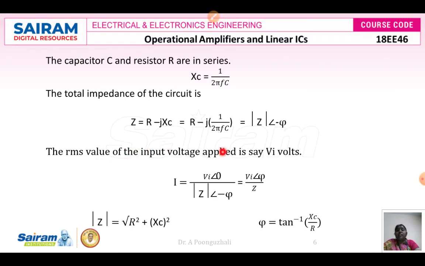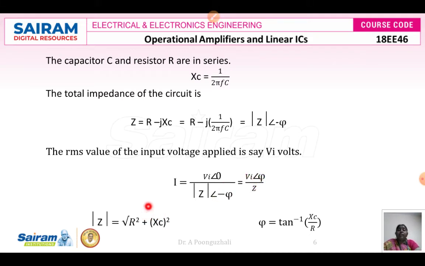Here the RMS value is going to be I. How do we find I? It is Vi at phase angle 0 divided by Z. Vi is the input voltage which I give, with phase angle 0, and the impedance of the circuit has magnitude Z and phase angle minus phi. So when this goes to the numerator, the current is Vi by Z at phase angle phi.